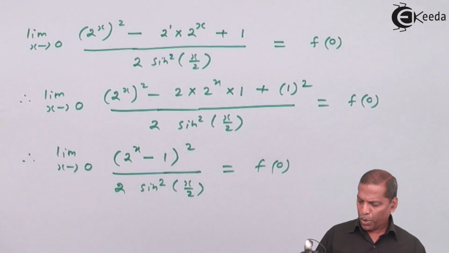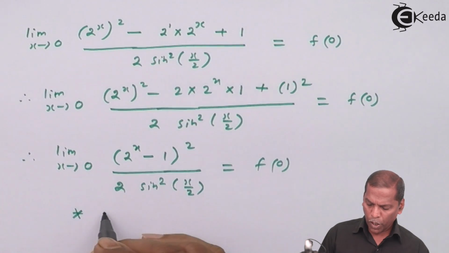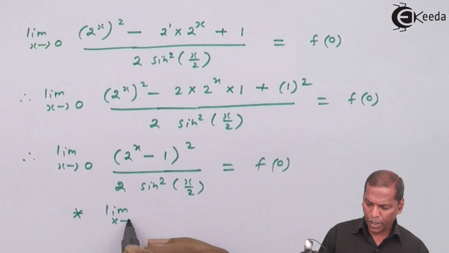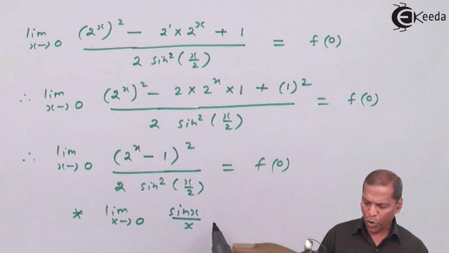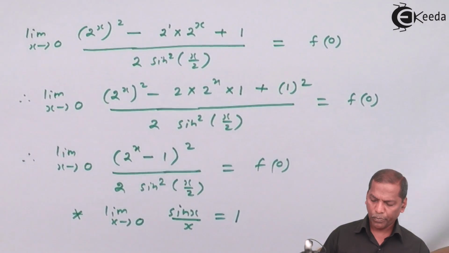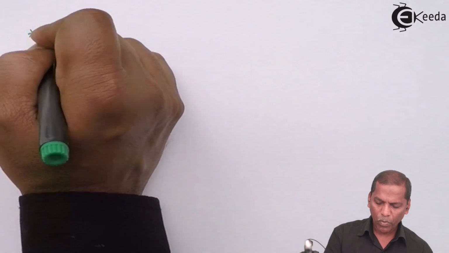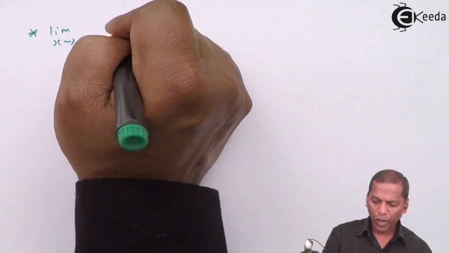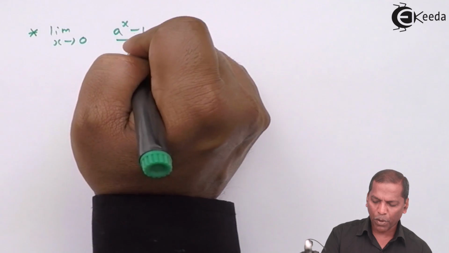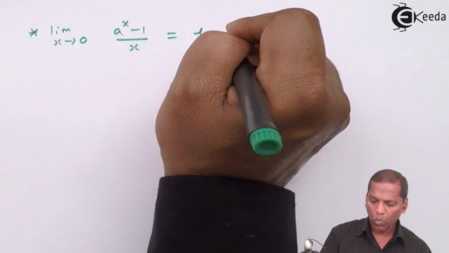Now here we use two rules of limits. The first rule is limit x tends to 0 of sin x upon x is equal to 1. And the second rule is limit x tends to 0 of (a^x minus 1) upon x is equal to log a.